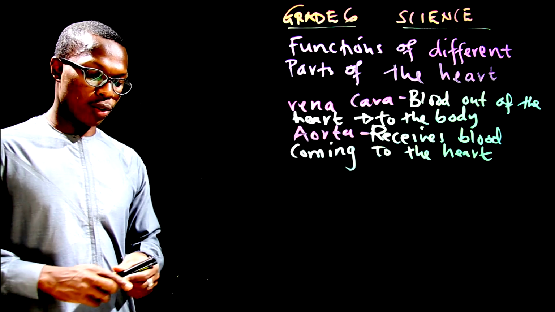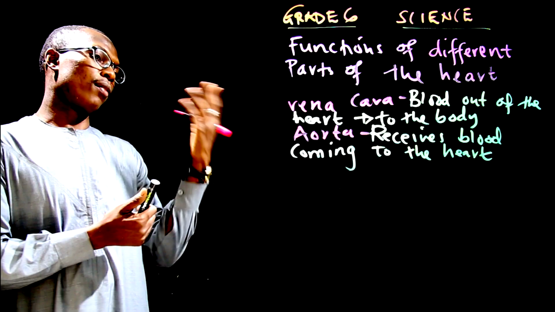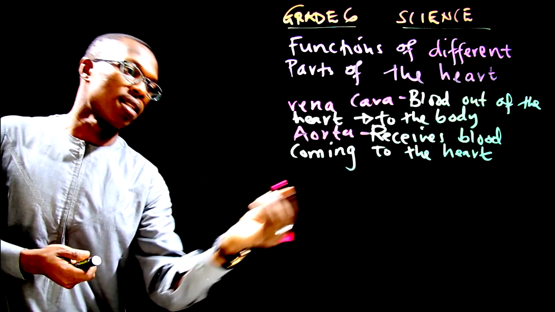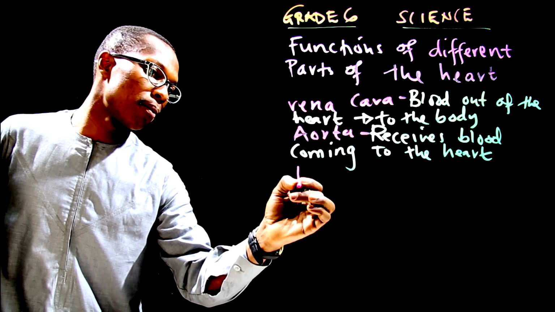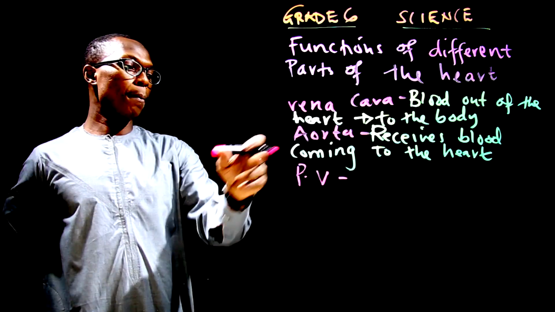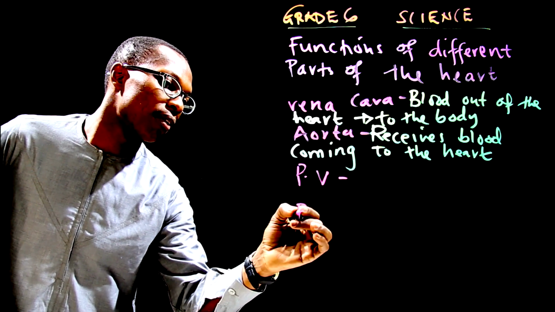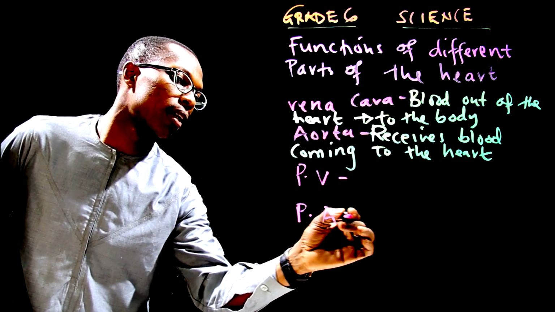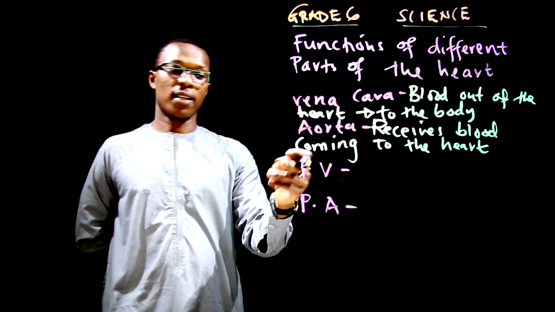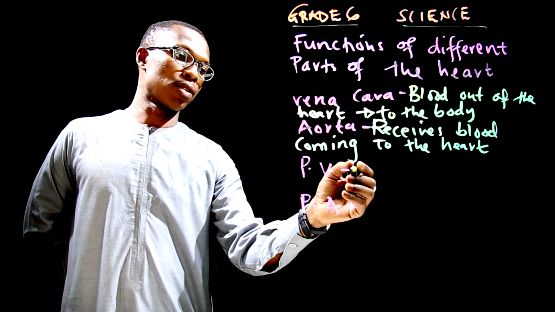Now, we can also shorten these words, because if you have pulmonary artery or pulmonary vein, instead of writing it in long form, you can shorten them, okay? So PV is the pulmonary vein, and PA is the pulmonary artery. Now, the pulmonary vein normally carries blood to the heart.